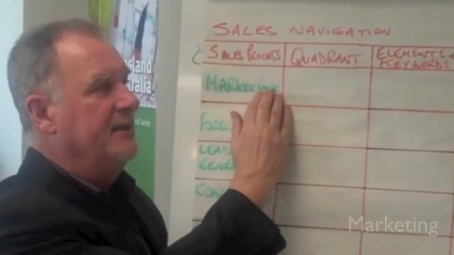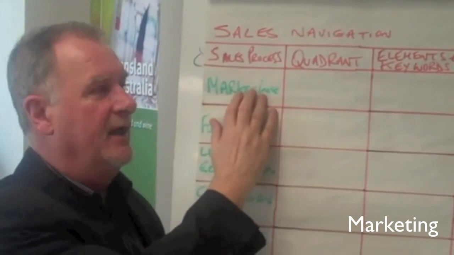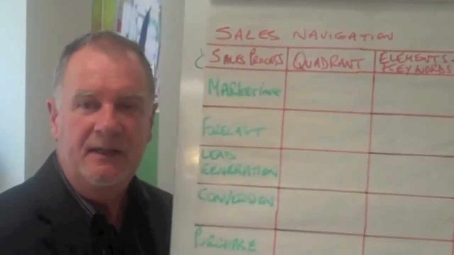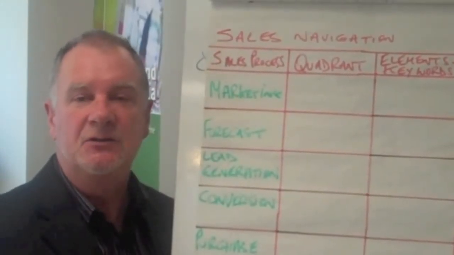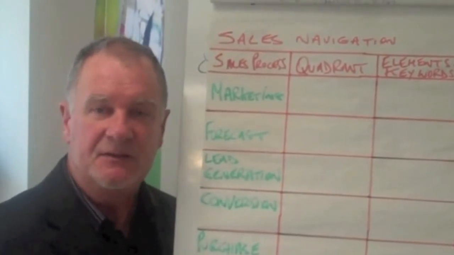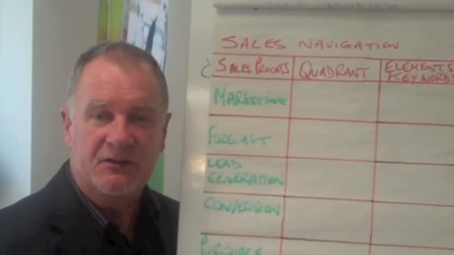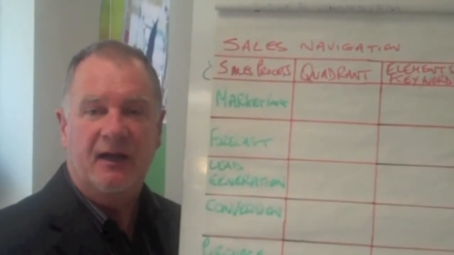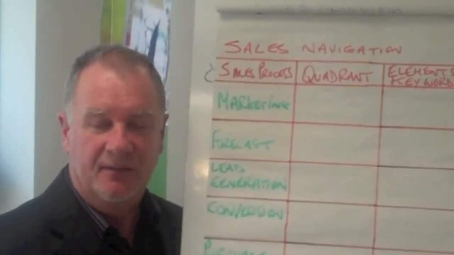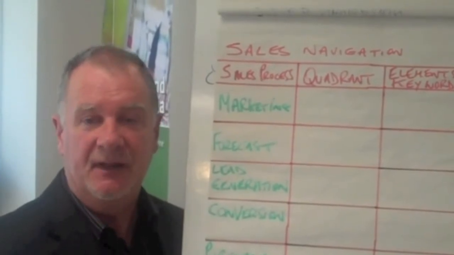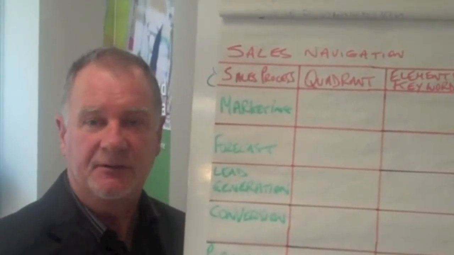We start off with marketing. By marketing, what we mean is to identify who our customer is and to be able to engage with that customer, and to have that prospect lined up as someone who is interested in our product.